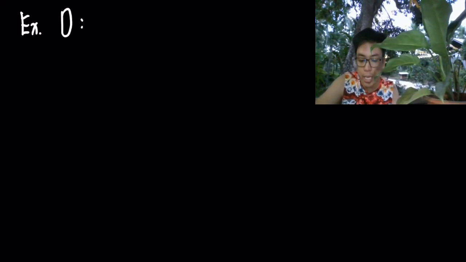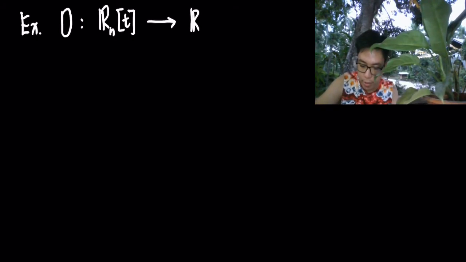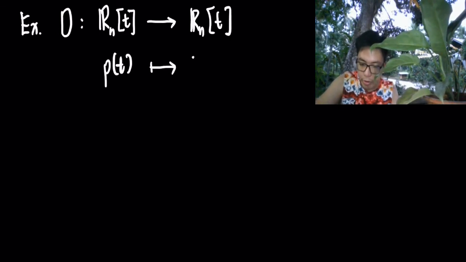That's it. Okay, so let's consider also another example we have taken from the last video. This is the mapping D that maps from R_n[t] to R_n[t], defined by sending a polynomial phi(t) to its derivative.